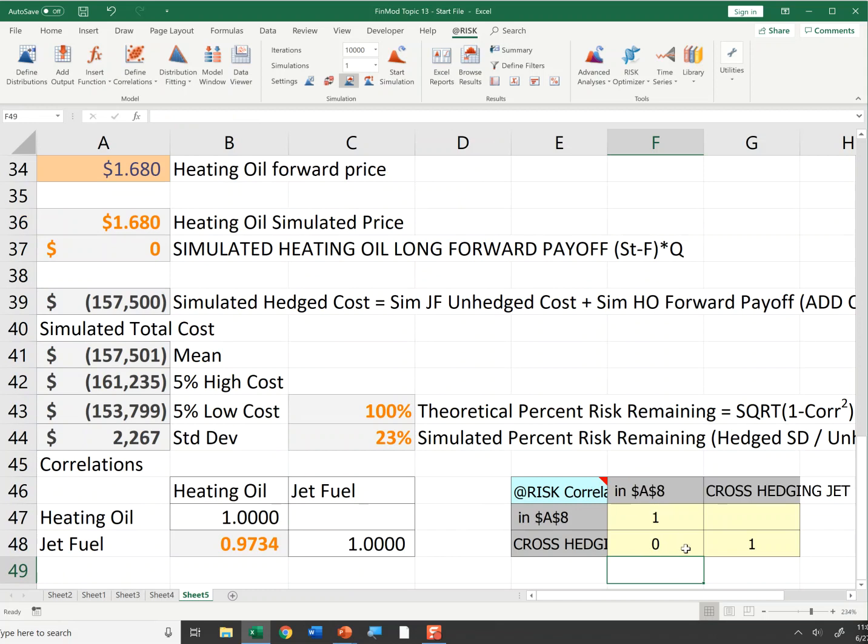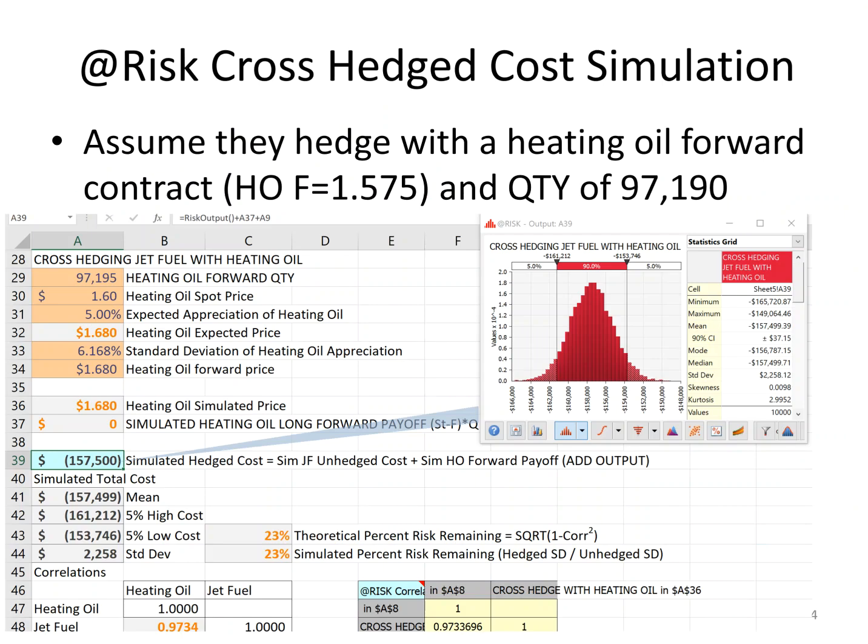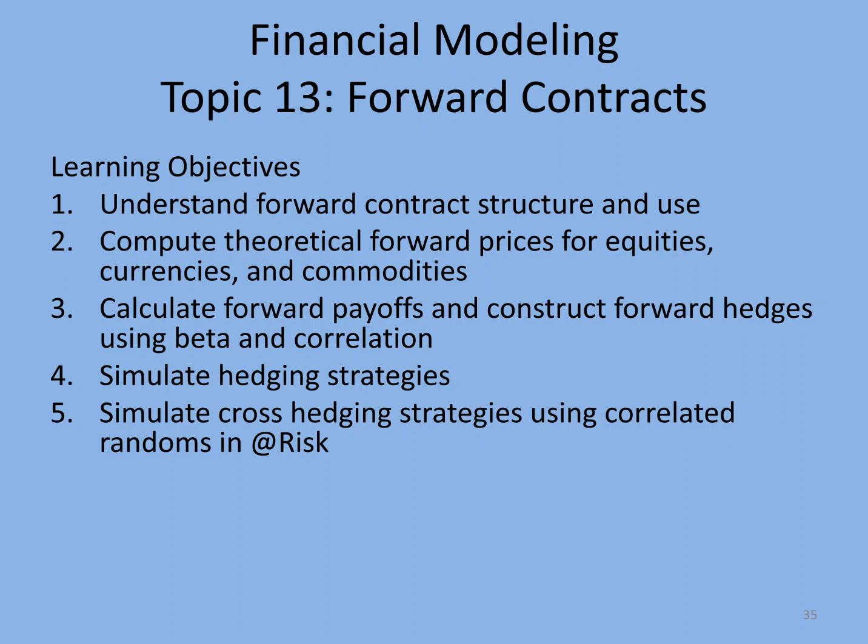By putting in this correlation of 0.97, it's simulating that these two variables go together and the cross hedge should be effective. So in this topic, we calculated our cross hedge and simulated both heating oil and jet fuel using correlated randoms in @RISK.